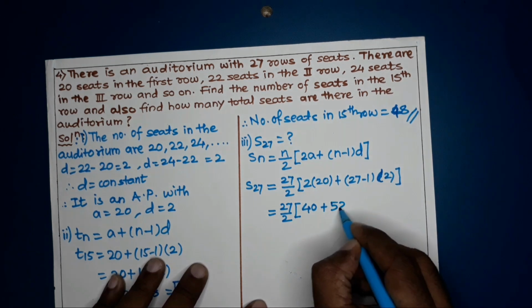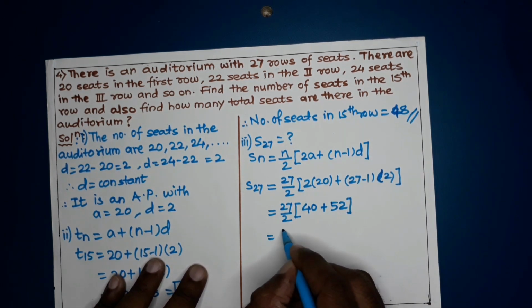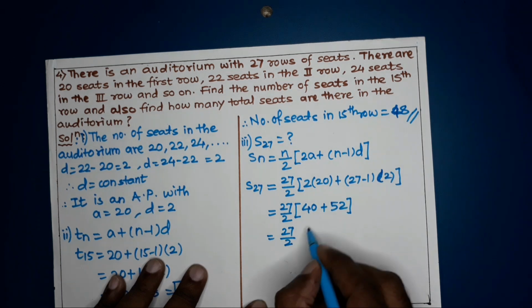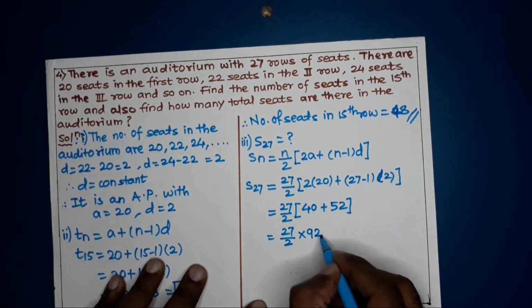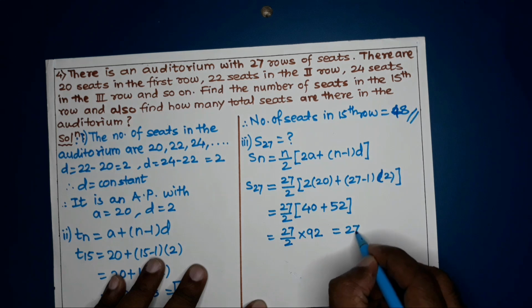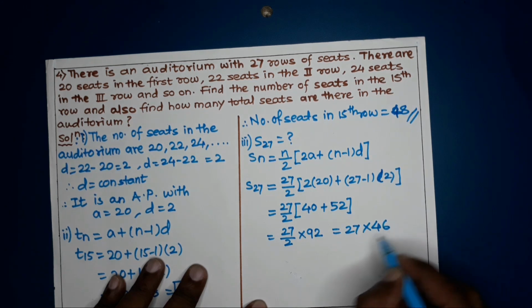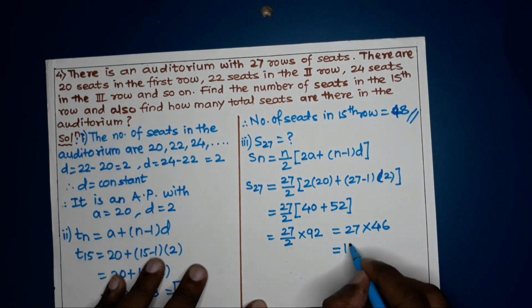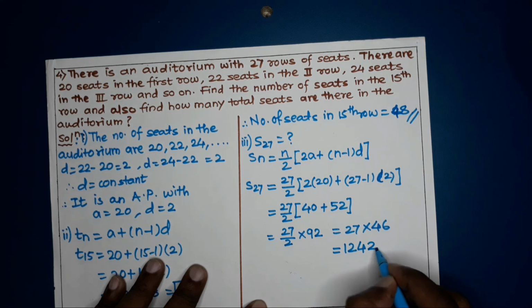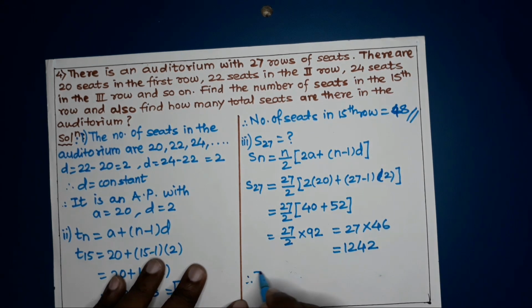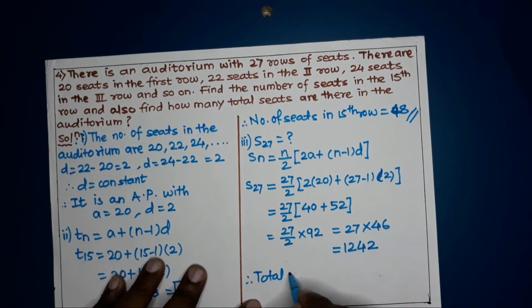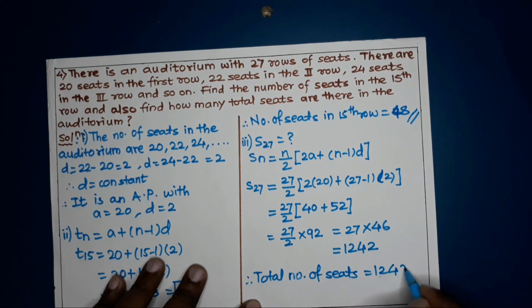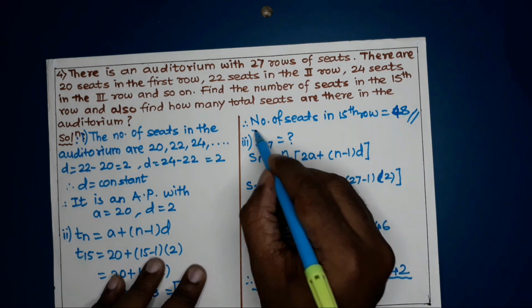I will write directly as 52. 27 upon 2 into 92. So it will become 27 into 46. And this will give me the answer 1242. Therefore the total number of seats is equal to 1242. Again highlight both your answers.